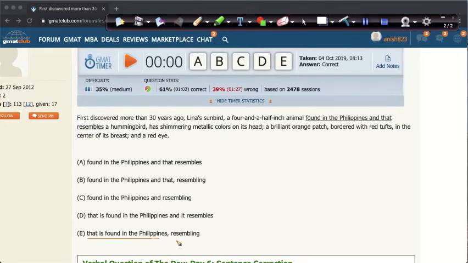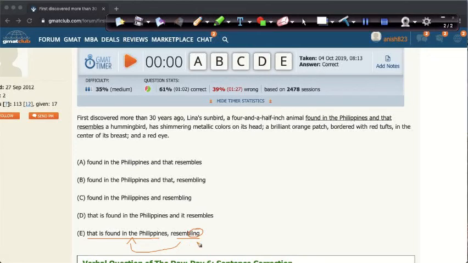What we see here is a comma ing modifier. If you don't remember the rule for a comma ing modifier, you should go back and review that now. The rule for a comma ing modifier is it has to refer to the entire previous clause, and it needs to tell us the how or result of that previous clause.